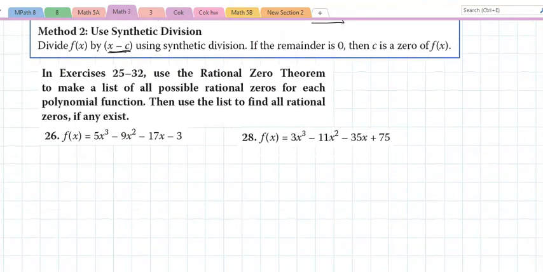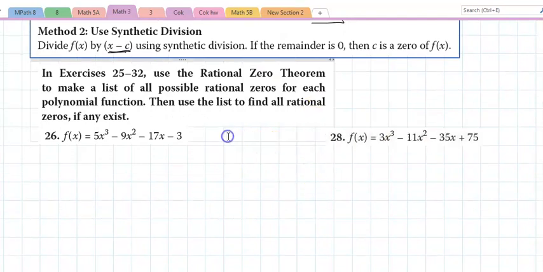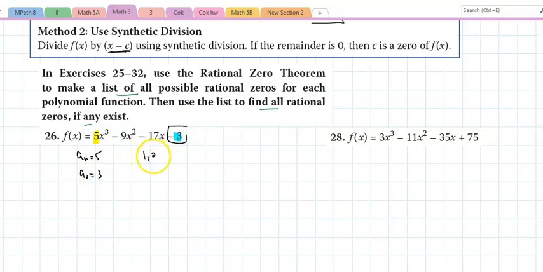25 through 32, it says, use the rational zero theorem to make a list of possible rational zeros, then use the list to find all rational zeros. Basically, they're saying factor this. Well, let's see. The leading coefficient is 5. The constant is a 3. So, it's going to be factors of 3, that's 1 and 3, divided by factors of 5, 1 and 5.